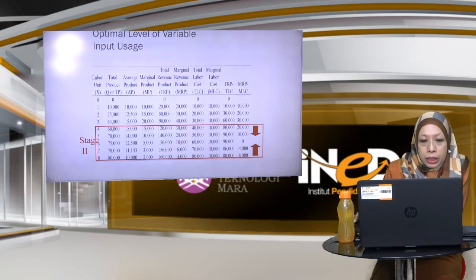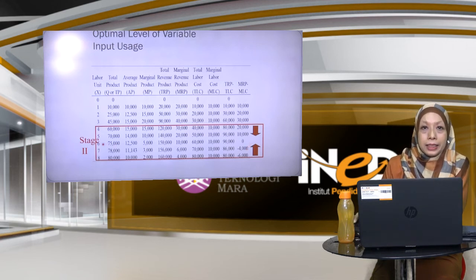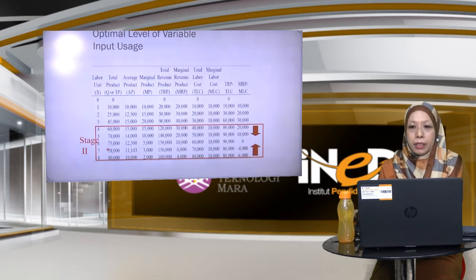And at 10,000, the number of labor is 6. As you can see, at 6 units of labor, the difference between marginal revenue product and marginal labor cost is equal to 0. So this shows that if you want to hire labor, the optimal number of labor should be 6. But this can only be achieved when you have information on the price of the product and also the wage rate.